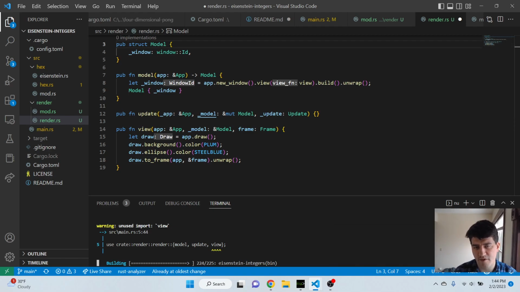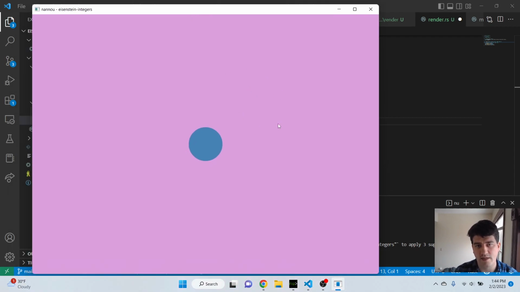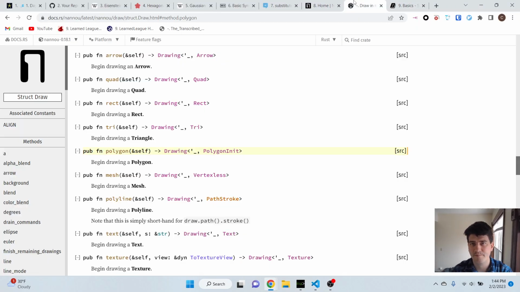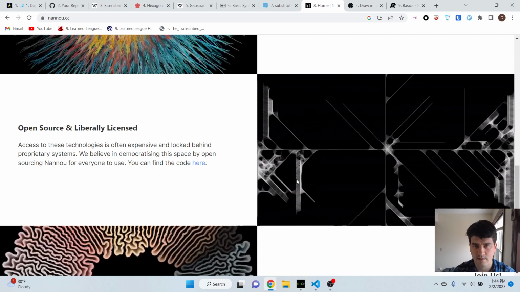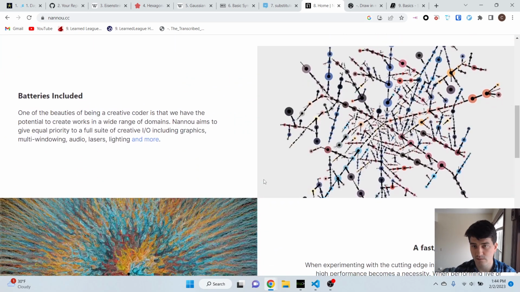Nano, if you haven't seen it before, I've used this in other streams, other videos, but Nano is a really nice way to do simple visualizations quickly in Rust. It's meant for kind of procedural art, which is cool.